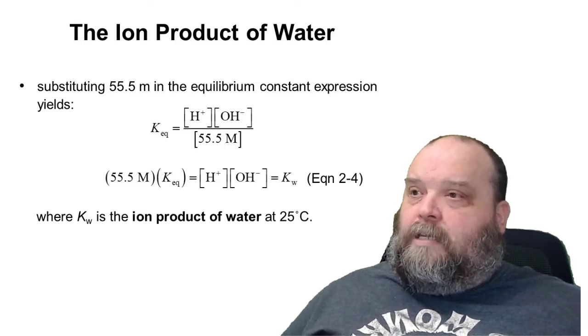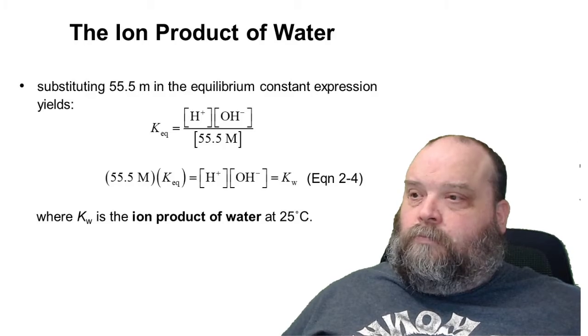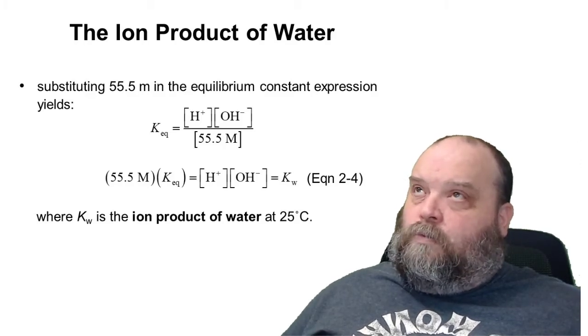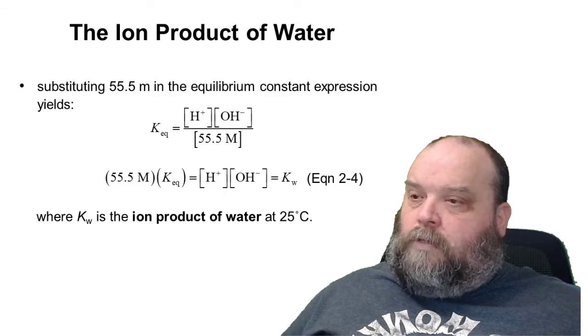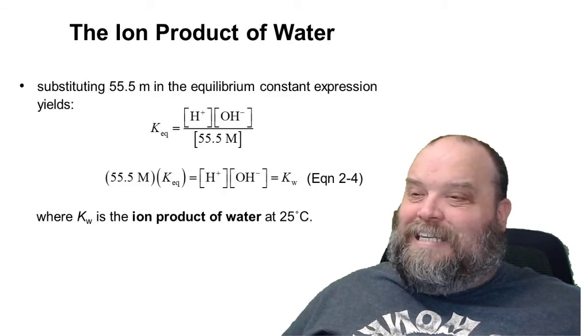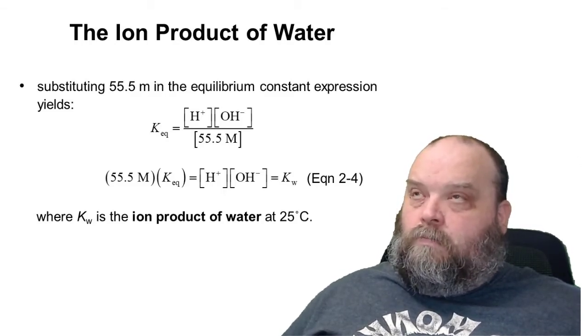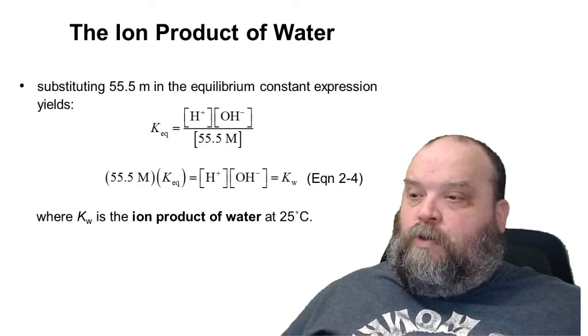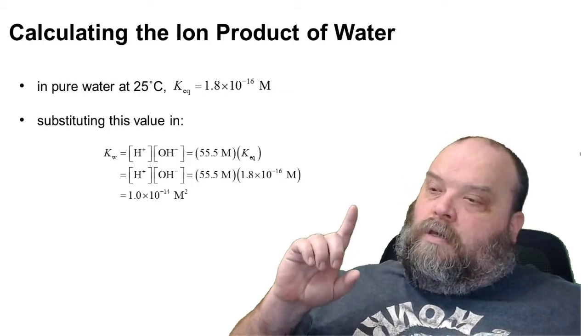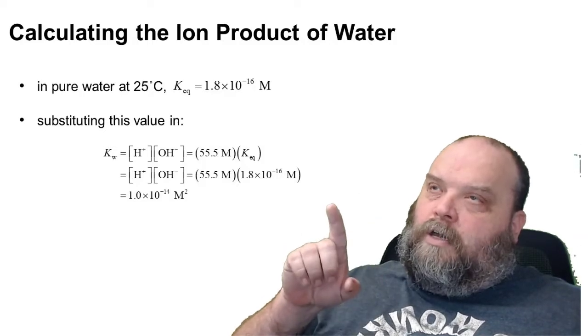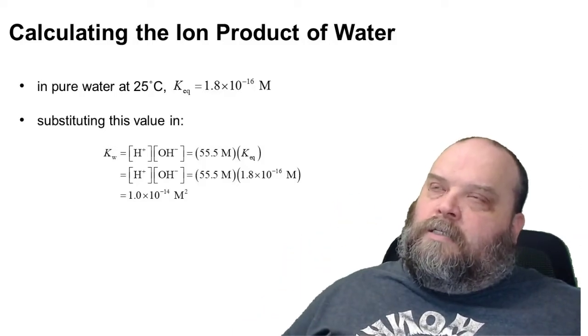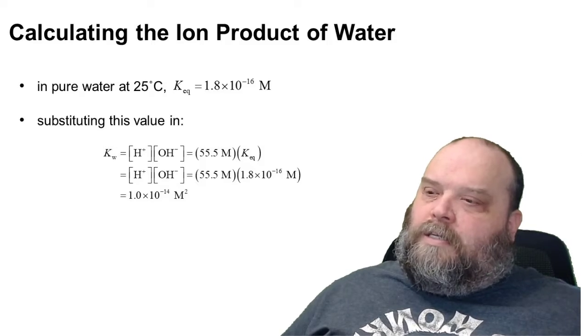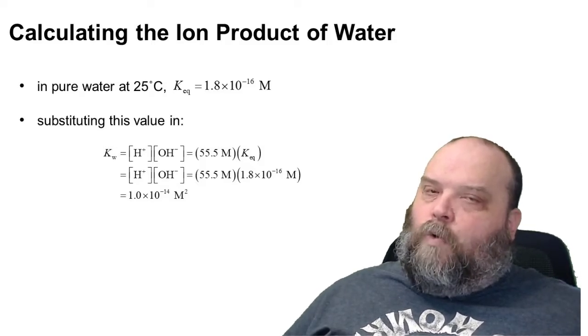We know that the equilibrium, the Keq of water, is 1.8 times 10 to the negative 16 moles. So if you factor all that in, that means the hydrogen ion times the hydroxyl ion concentrations is 10 to the minus 14 molar squared.